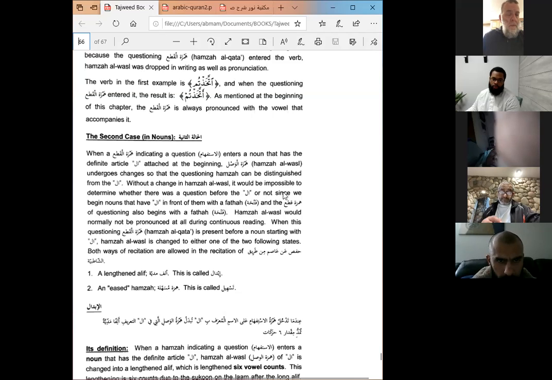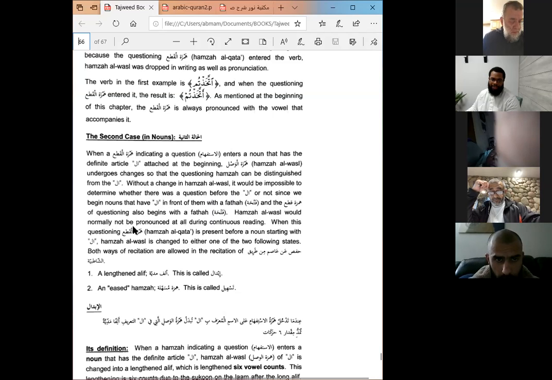Without a change in Hamzatul Wasl, it would be impossible to determine whether there was a question before the al or not, since nouns have al in front of them with a fatha, and the Hamzatul Qata' of questioning also begins with a fatha.